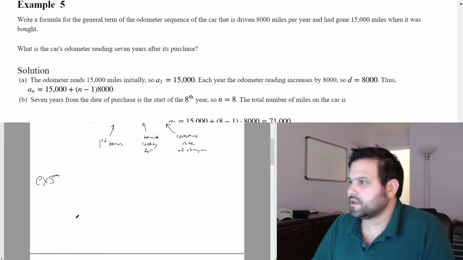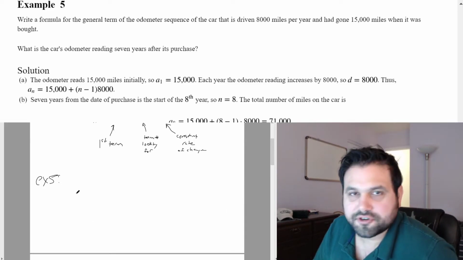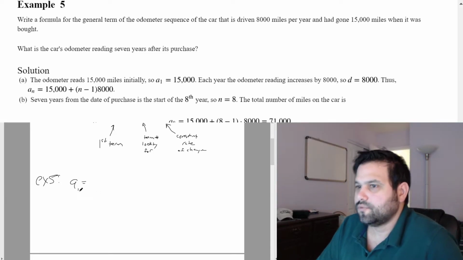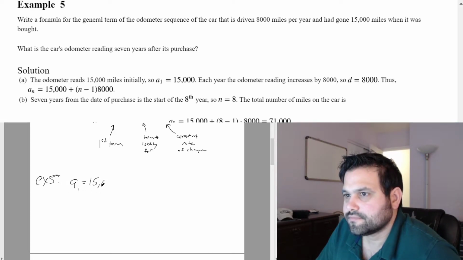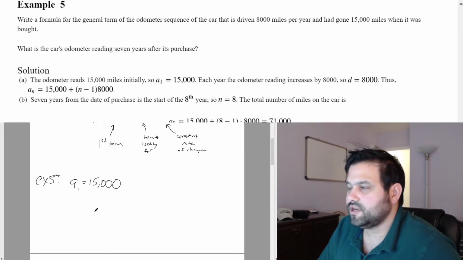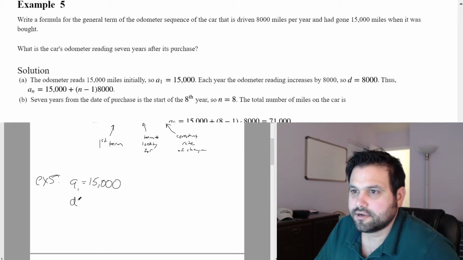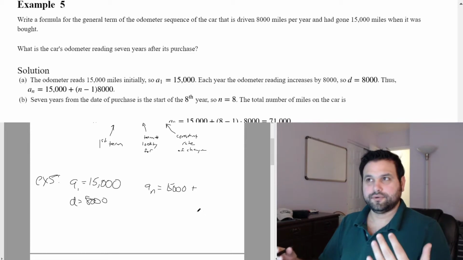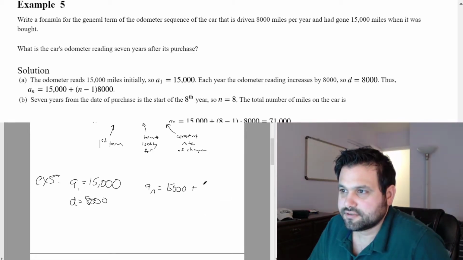Okay, cool. So we know that the first term, the starting value in this sequence, would be 15,000. And we know the constant rate of change here would be 8,000 per year. And so the sequence, a sub n, equals 15,000 plus, let's keep it general first because that's what we want, n minus 1 times 8,000.